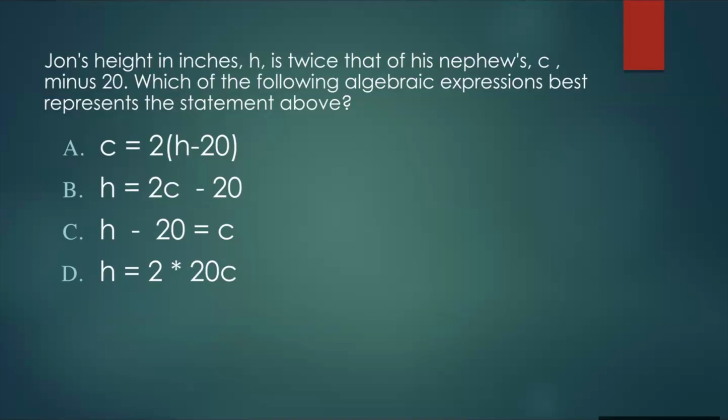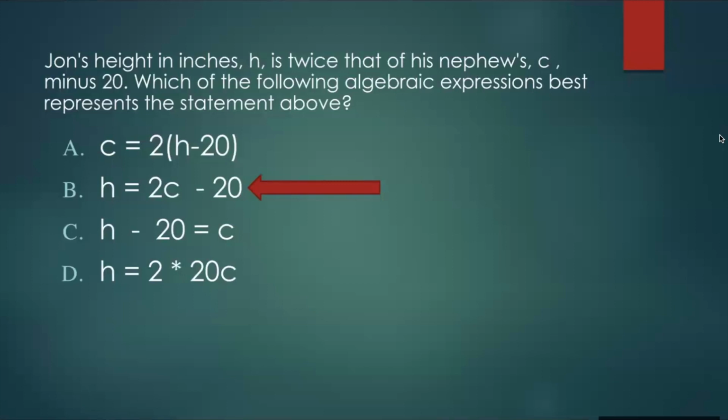So we know we have to have an h, and we also know we have to have a c, which is his nephew's height. John's height is twice his nephew's, all right? So we know that 2 times c minus 20 is equal to John's height, which is h. So in this equation, B would be our answer. John's height, h, is equal to 2 times his nephew's height, which is c, 2 times c minus 20.